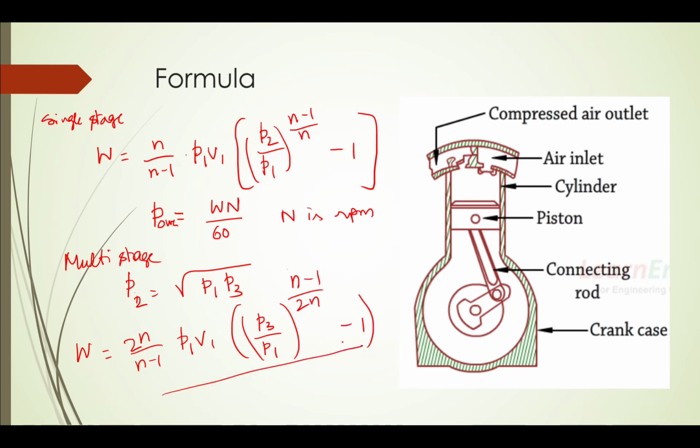There are a number of formulas; this is easier than all the others. P3 is the pressure at the end of compression or delivery pressure, P1 is suction pressure, P2 is intercooler pressure.